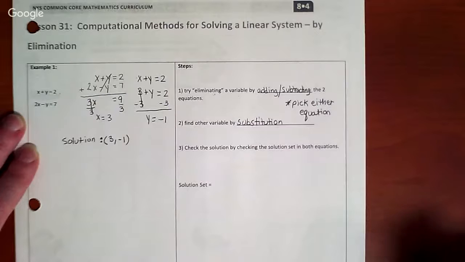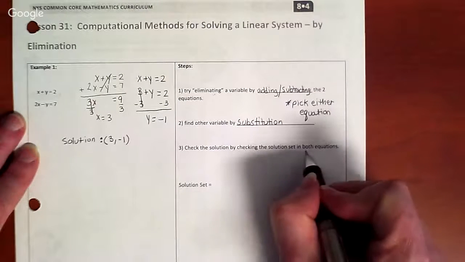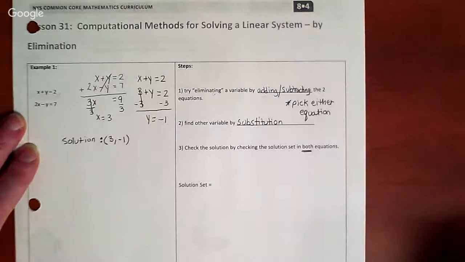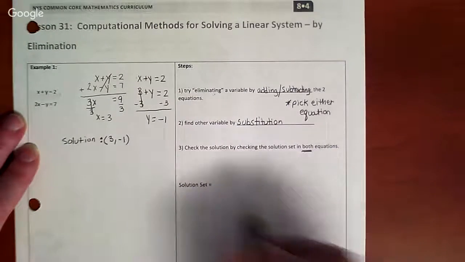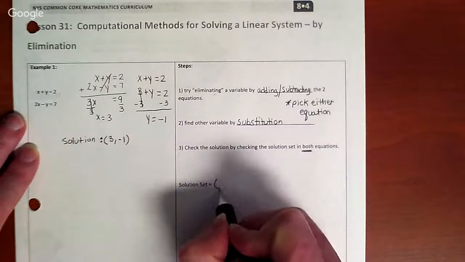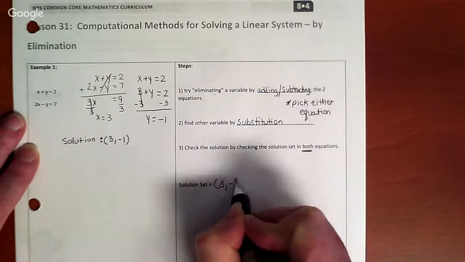Then we check the solution set in both equations. In this particular case, our solution set is (3, -1).